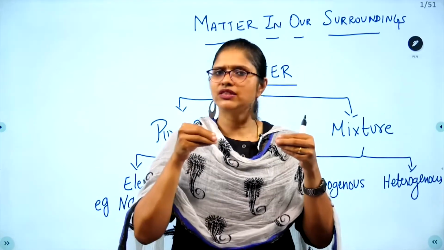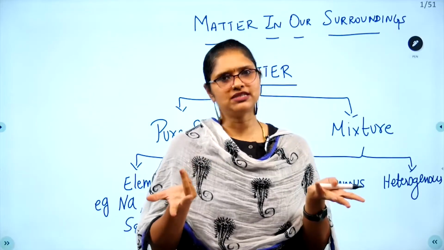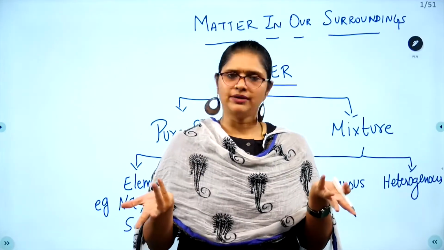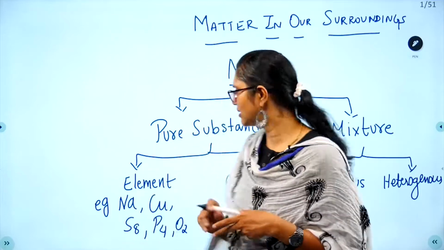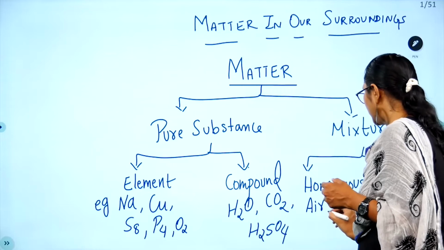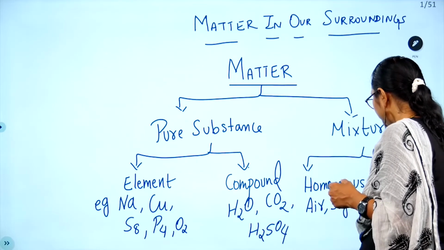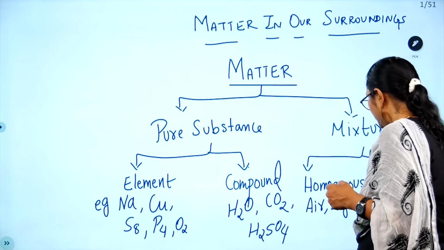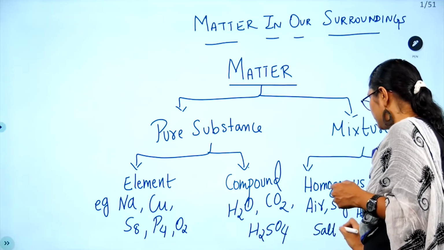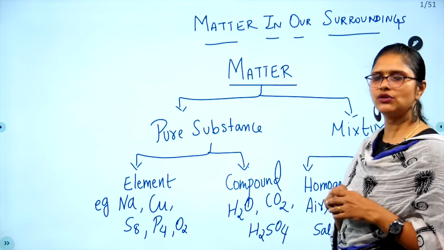The space between the water molecules will be there, no? There this sugar will go and get occupied. So it mixes thoroughly. Fine. So we can't see. So air is a mixture, right? So I'll write the examples here. Air. Okay. Sugar in water. Salt in water. Salt means NaCl, sodium chloride.